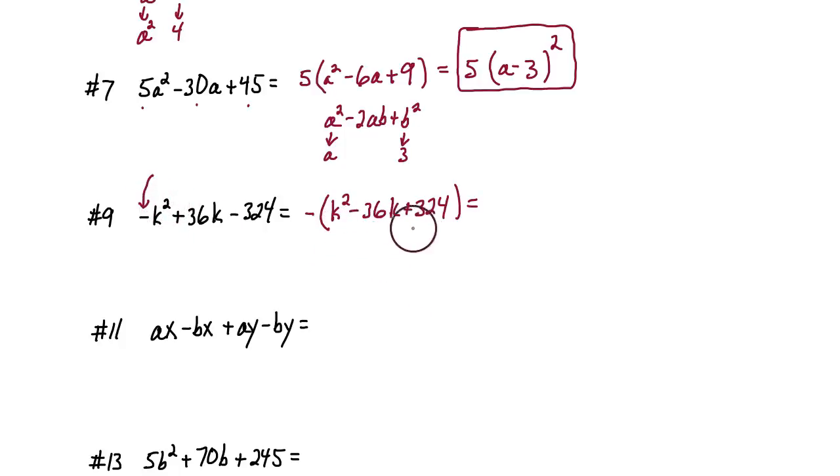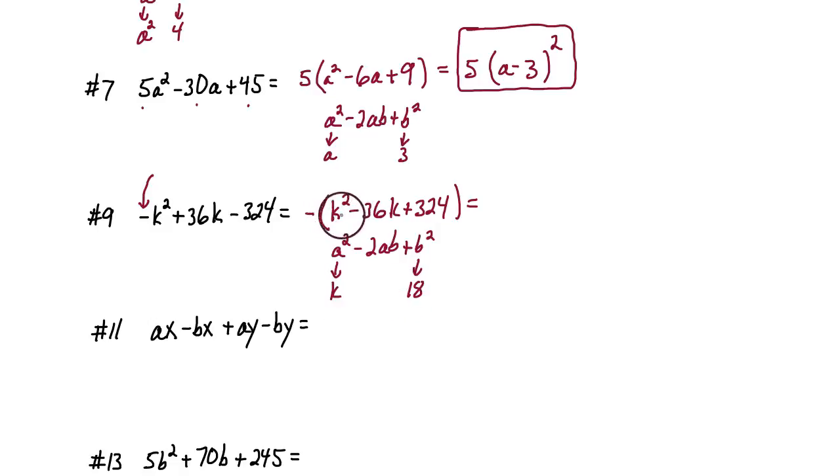Now look at the factor we created to see if it's a special pattern. And it is. This is a perfect square trinomial. That's the a squared minus 2ab plus b squared pattern. It's just the letter a is a k in this one, and the letter b is the number 18. Maybe you're wondering how I know that.